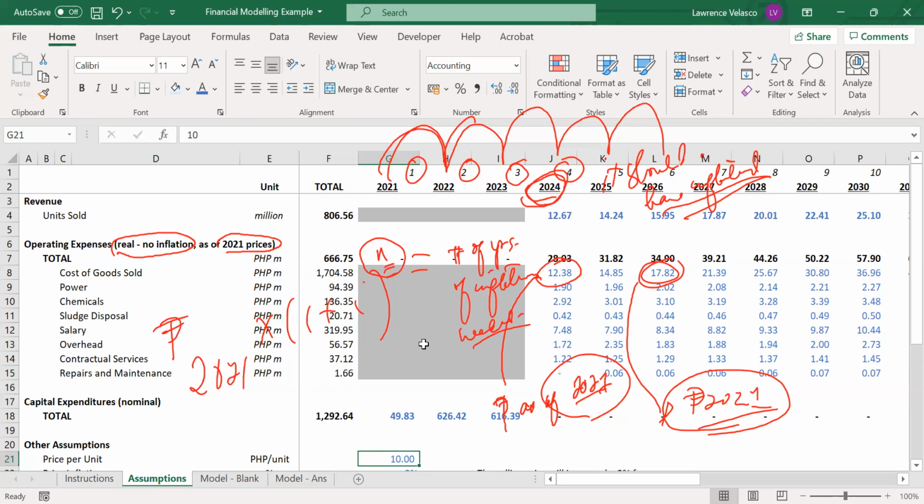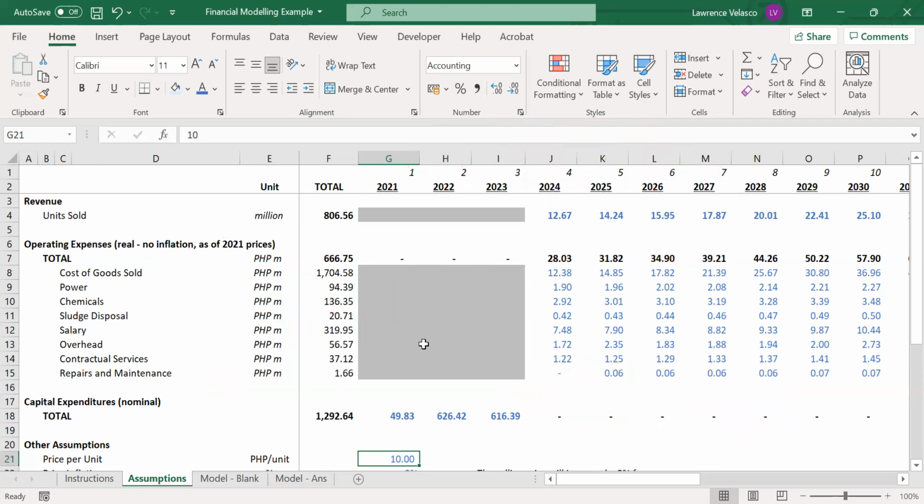Right? So, for the 2024, paano siya dapat ma-inflate? So 12.38, no, times 1 plus inflation, in this case 3%, right? Raised to time. How long is the time inflation? 2021, 2022, 2023, 2024. So 4 years raised to 4.